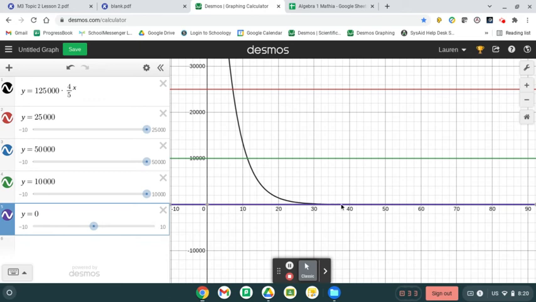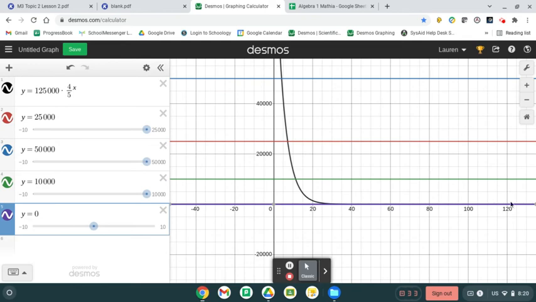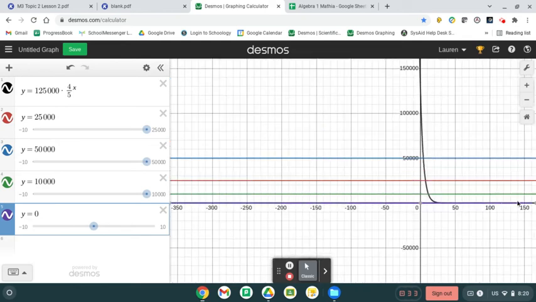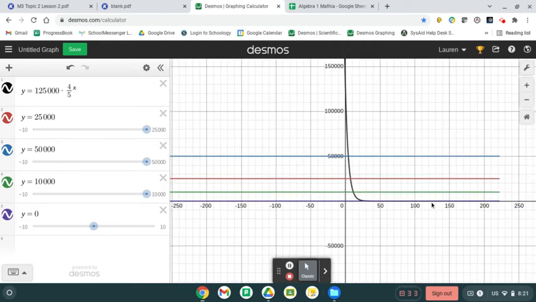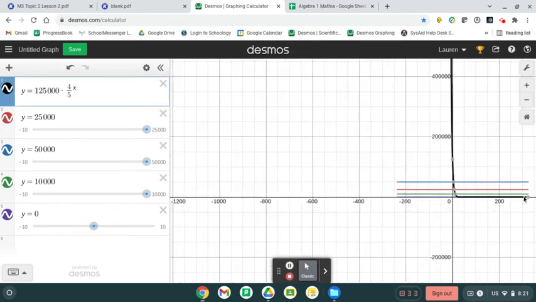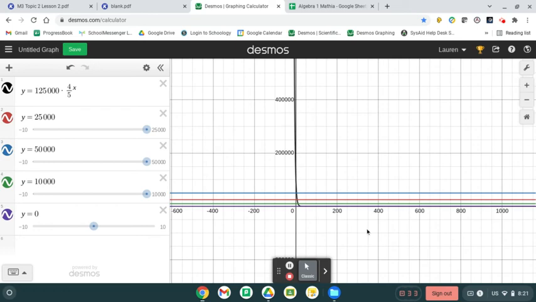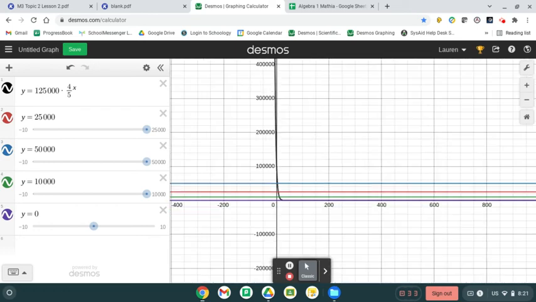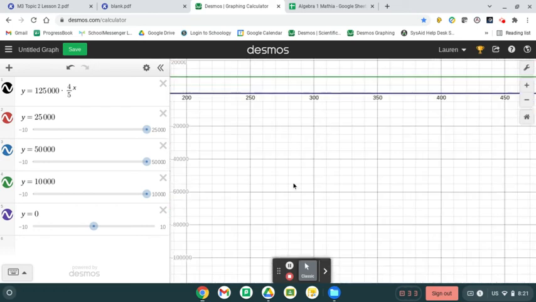There's no real crossing point, it doesn't look like. Maybe it's over here? No, it doesn't really seem like there's a huge crossing point, and then that would be too many years anyway. So it may not even get to 0 at that point.